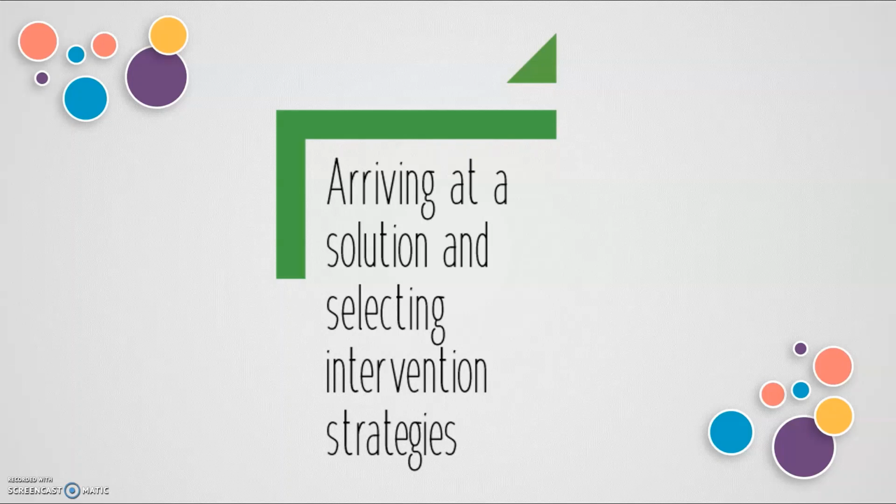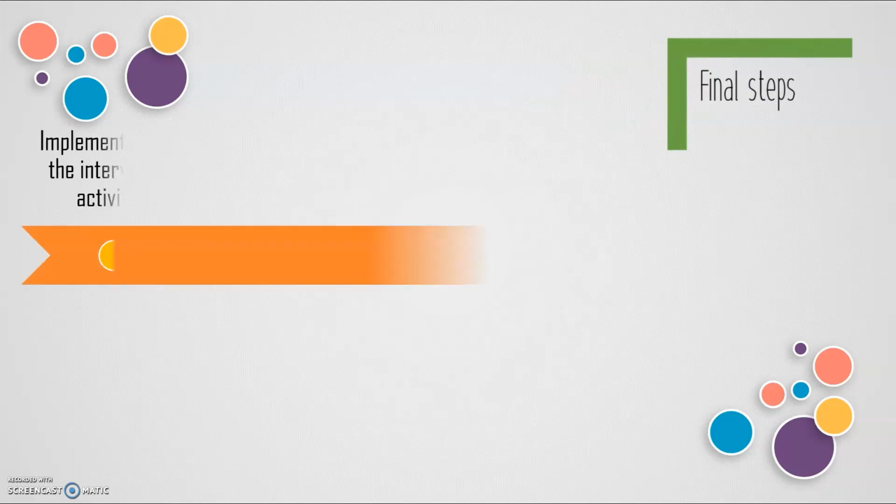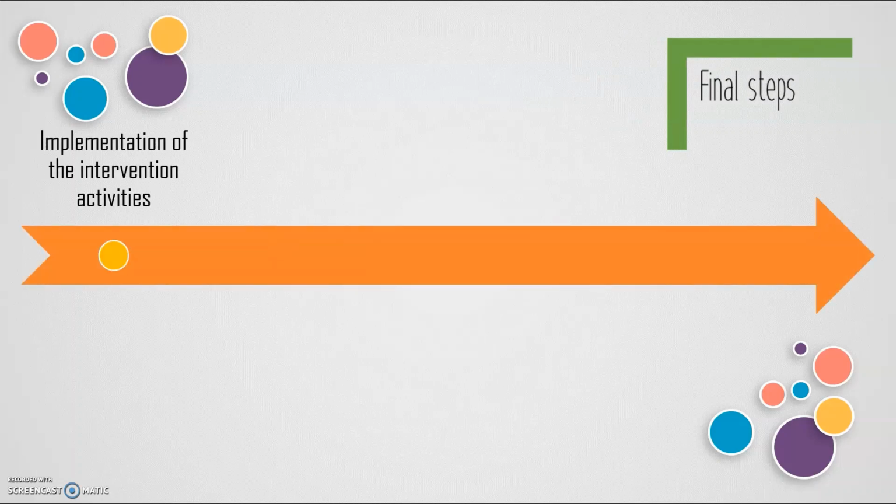The solution is the proper selection of appropriate intervention activities in order to resolve the problems and to arrive at the goals set in the previous step. And lastly, the final steps, which include implementation of the intervention activities.